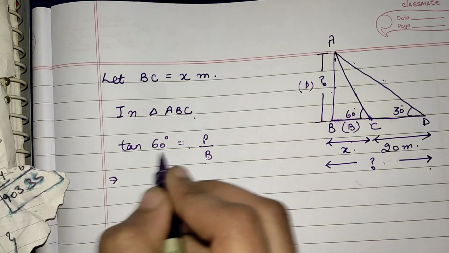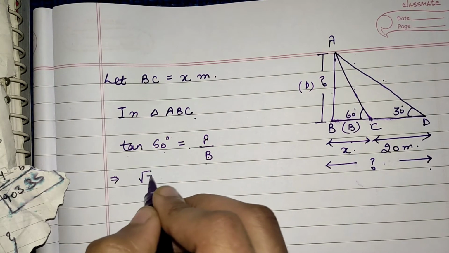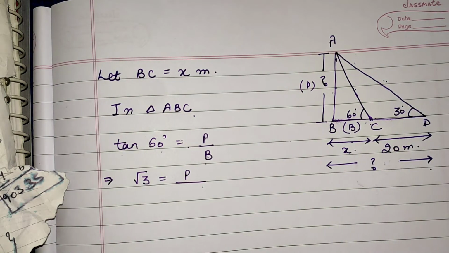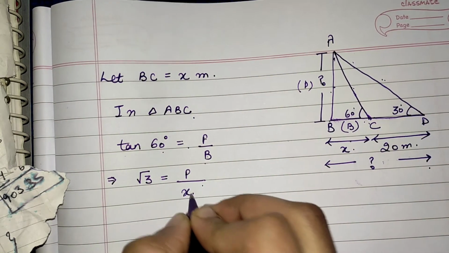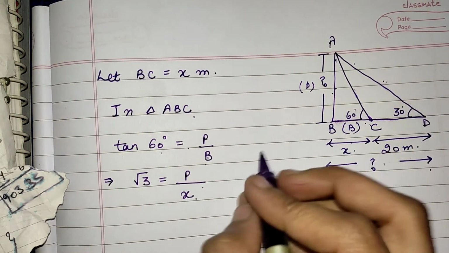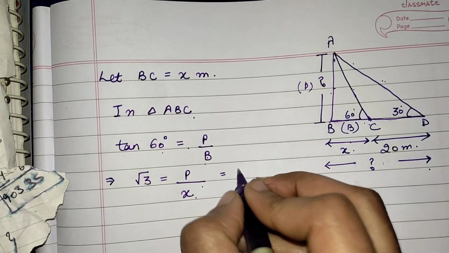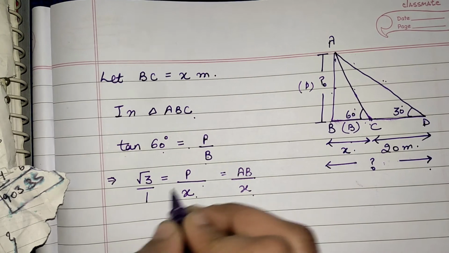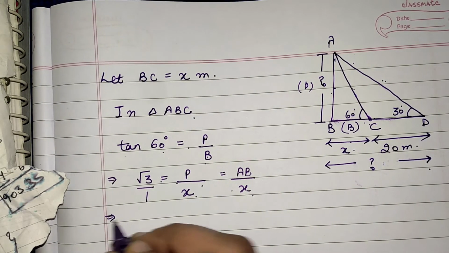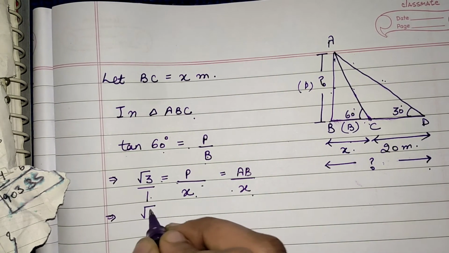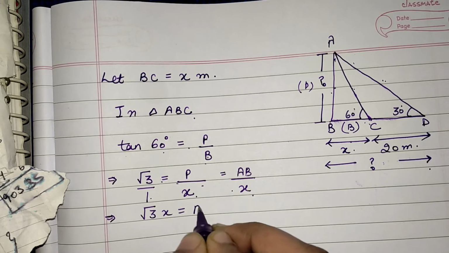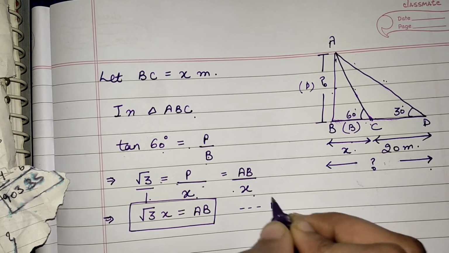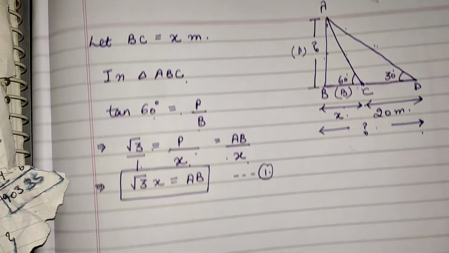Tan 60 is root 3, equal to AB by x, where the base is x and the perpendicular is AB. If I do cross multiplication, I get root 3x is equal to AB. Let us suppose this is my equation number 1.